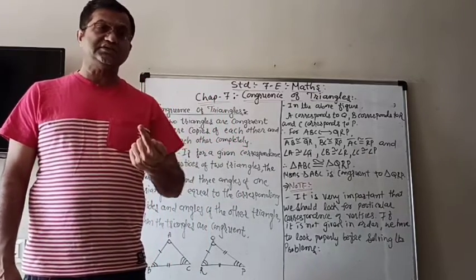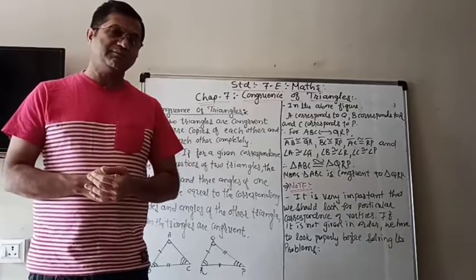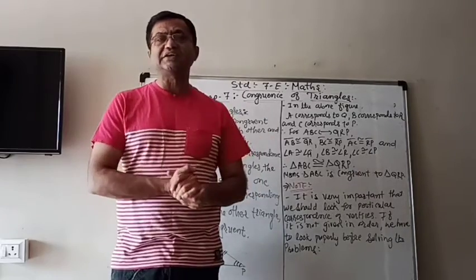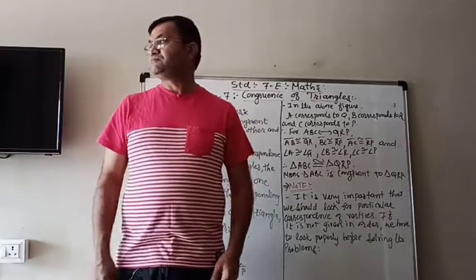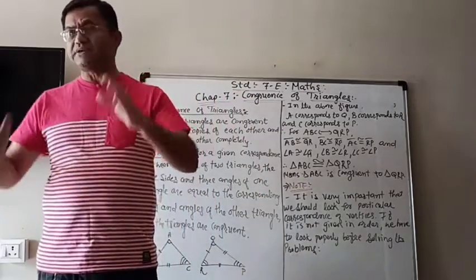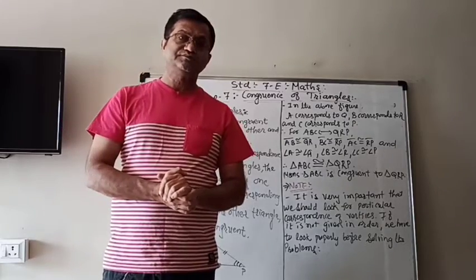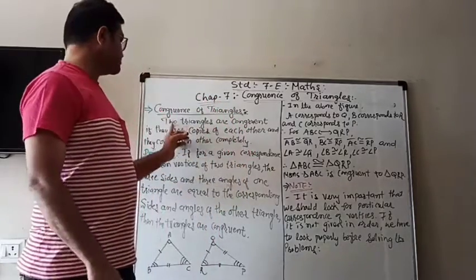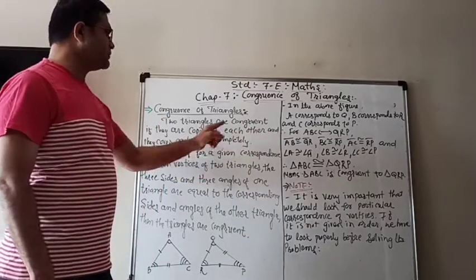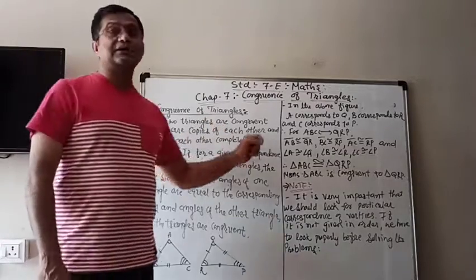One thing you can do is cut out by tracing them and superpose, and if they completely cover each other, then they are congruent triangles. It means they are exact copies of each other. As you wrote down, two triangles are congruent if they are copies of each other and they cover each other completely.